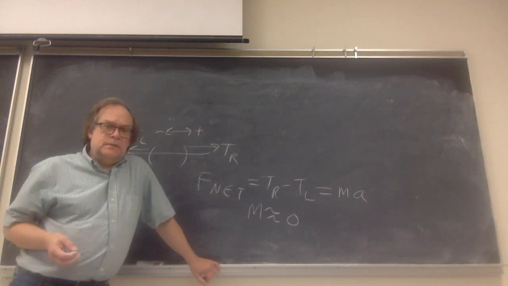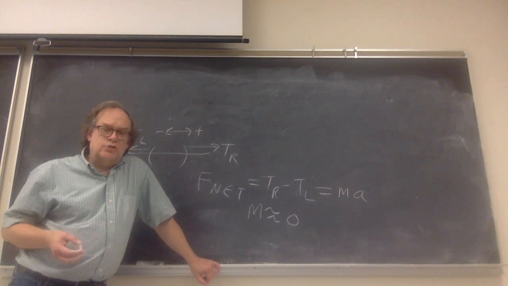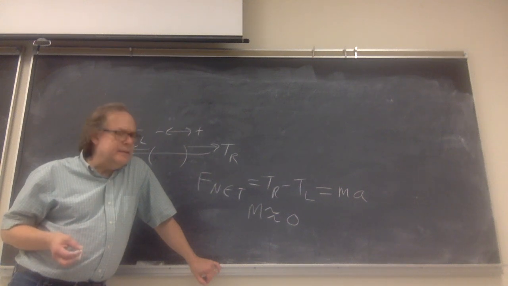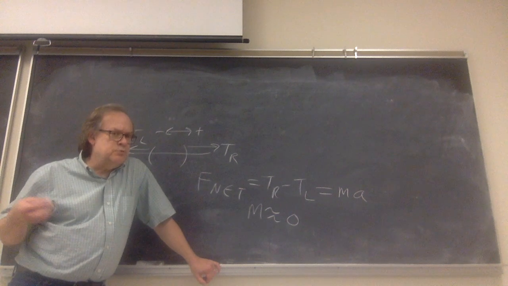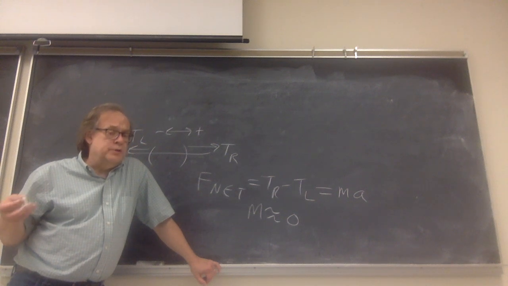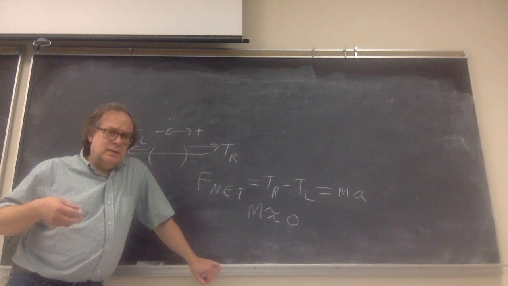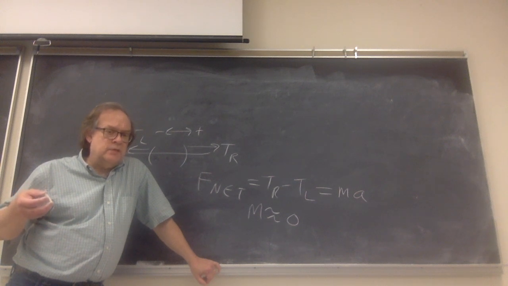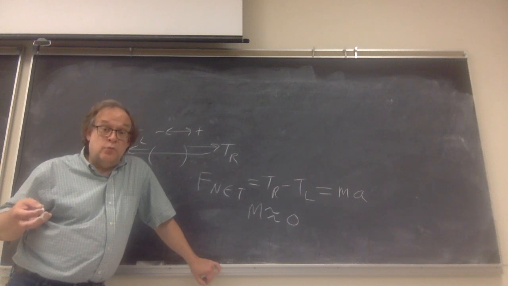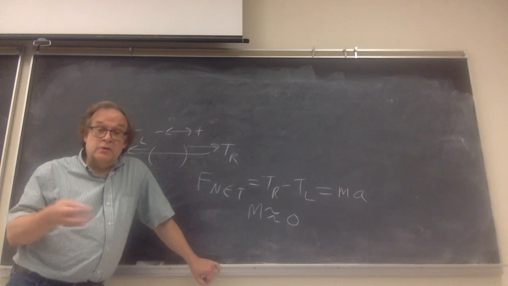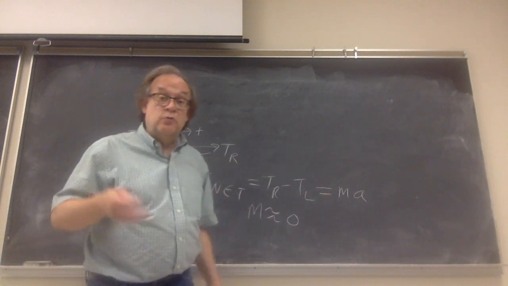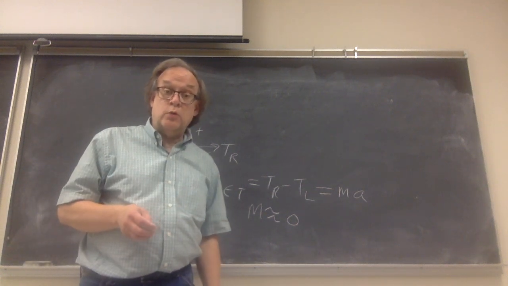And implicitly, without actually coming out and saying so, that's an assumption that we've been using all the time so far, that the rope doesn't have any significant amount of mass. Therefore, the weight force of the rope is insignificant compared to the strength of other forces that we're working with.